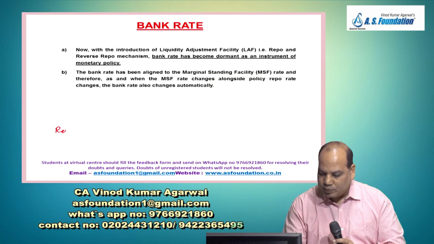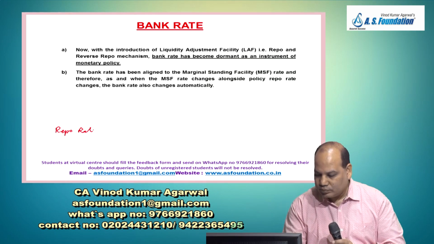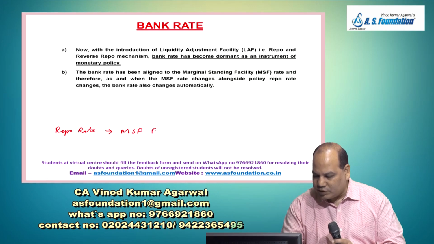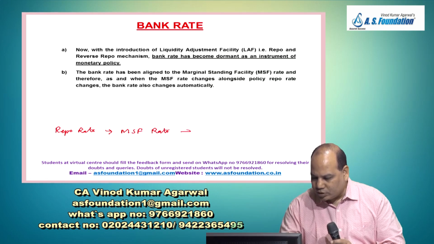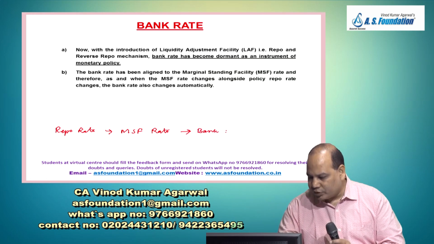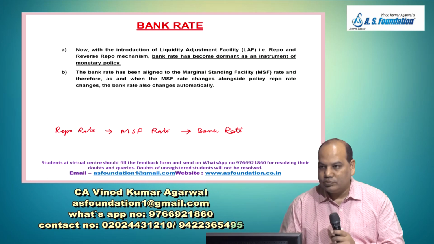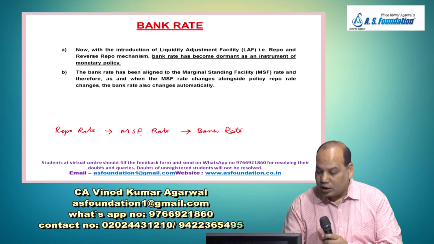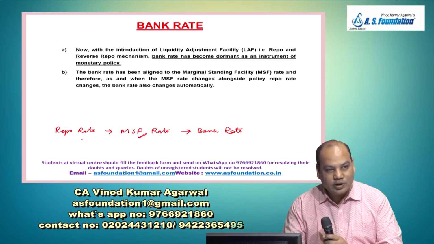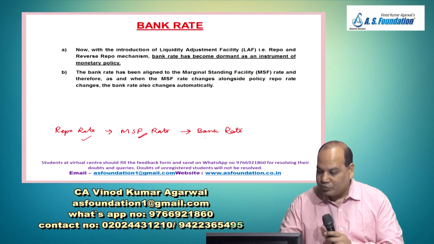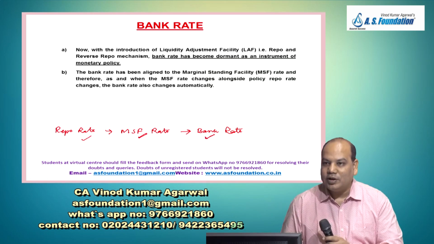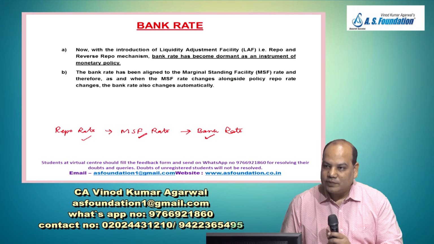So if the repo rate changes, the MSF rate will change, and as the MSF rate changes, the bank rate will also change. MSF rate is slightly higher than repo rate and bank rate is slightly higher than MSF rate.